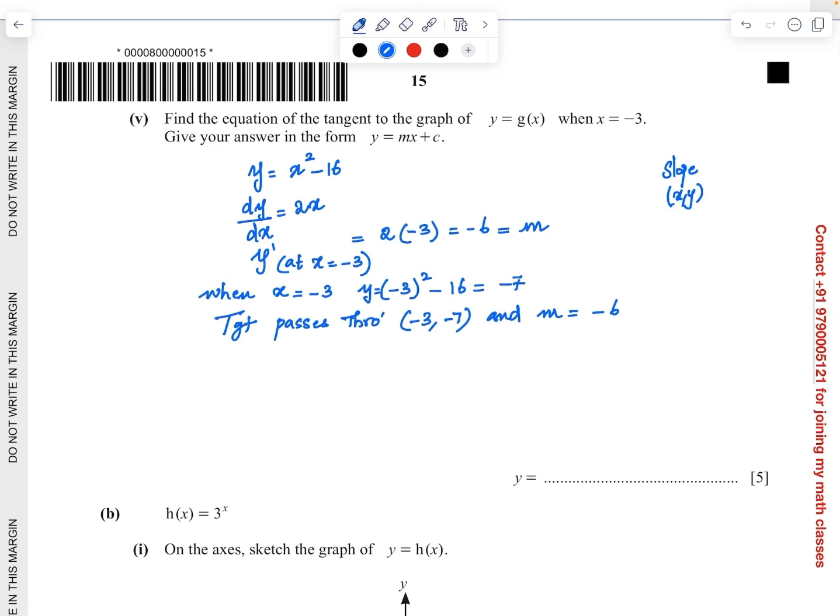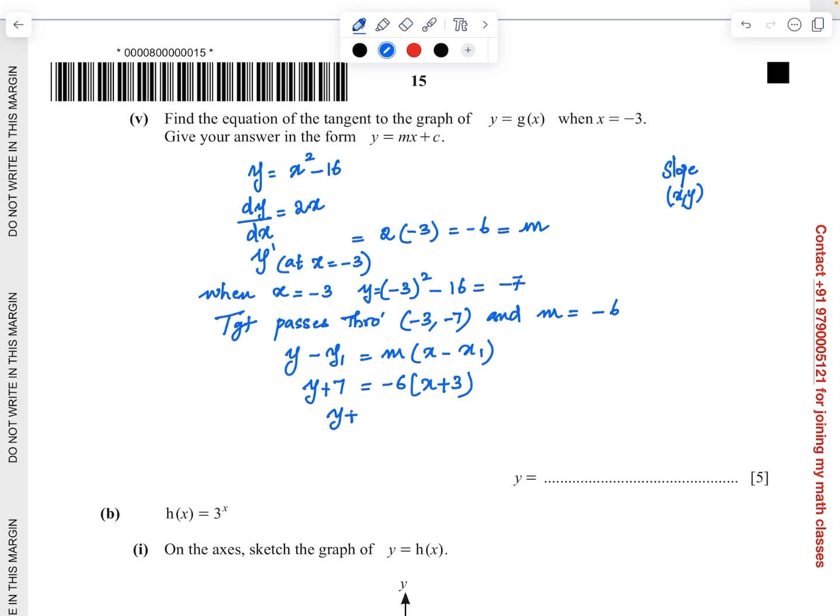Now I'm using point slope form to get the equation of the tangent. So y minus y1 is equal to m times (x minus x1). Substituting y1 as minus 7, it becomes plus 7. m is minus 6. x minus minus 3 becomes x plus 3.